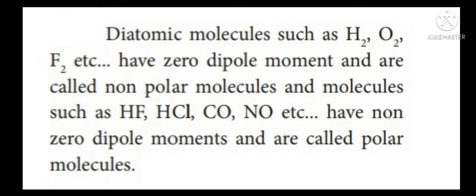Consider diatomic molecules. Here, the molecule is made of two atoms. The combining two atoms may be same or different. Here, we have two types of diatomic molecules, nonpolar molecule and polar molecule. Nonpolar molecules have zero dipole moment, that is dipole moment equal to 0.